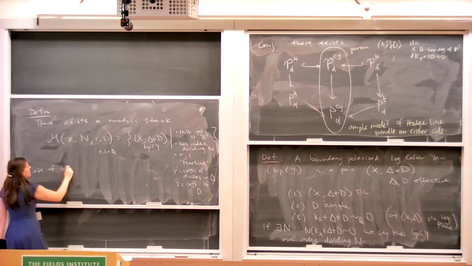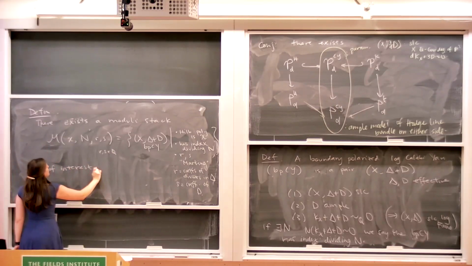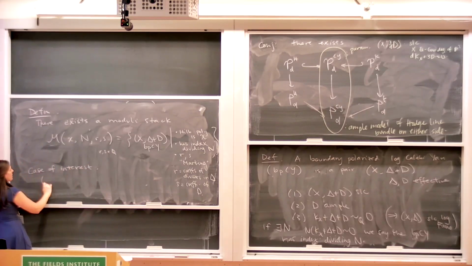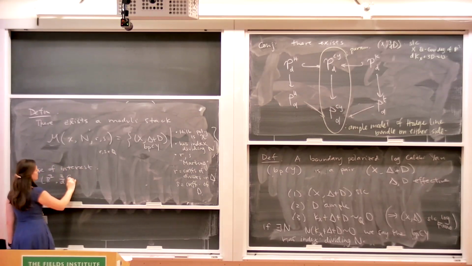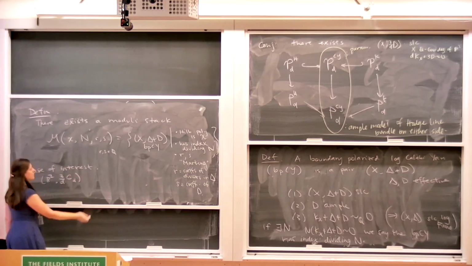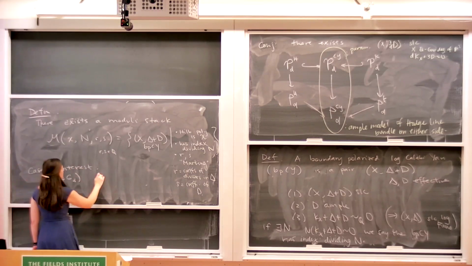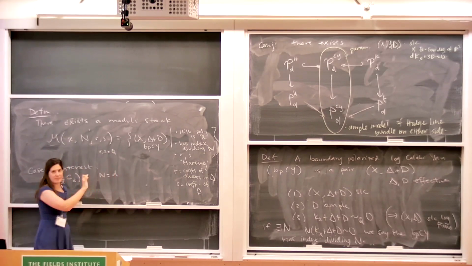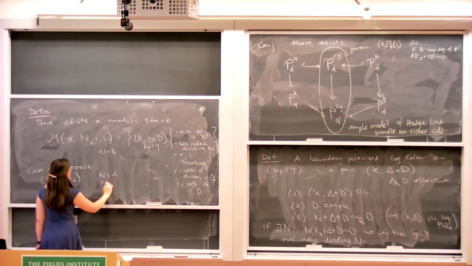But just to ground us, the case of interest will be where we're talking about pairs that are limits of P2 and some divisor 3 over D in C times D. So in this case, N will be D, and R will be 0.